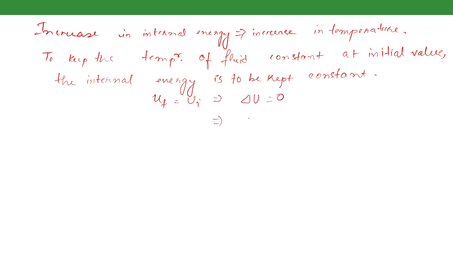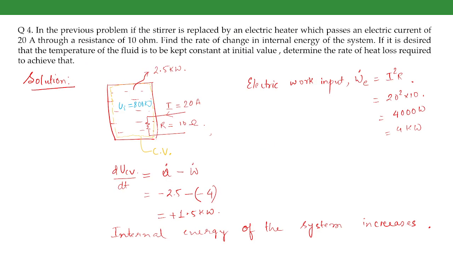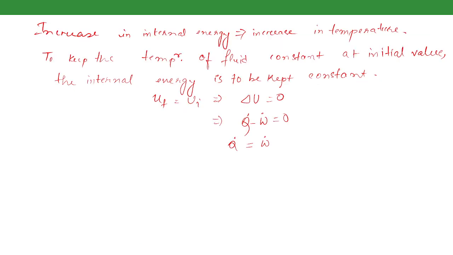Okay, so that is U final will be equal to U initial, or delta U should be 0. This implies from the first law, the rate of heat input minus the rate of work output should be equal to 0, or the rate of heat input should be equal to the rate of work output. Sorry, here the work is input into the system, so the rate of work output will essentially be minus 4 kilowatt.